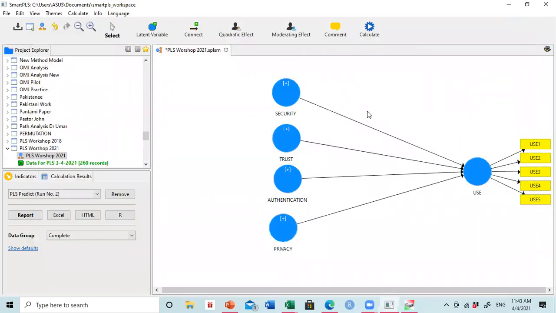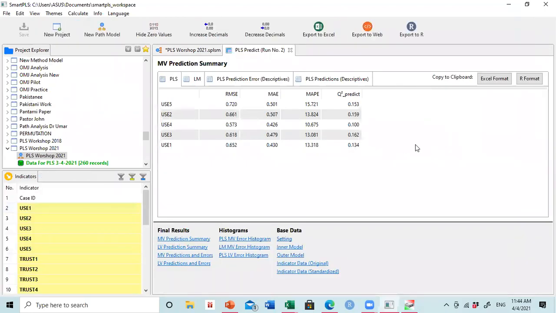Nothing is here, only our model, as if nothing happened. But don't say it's not done, it's done. Come to report, click report.